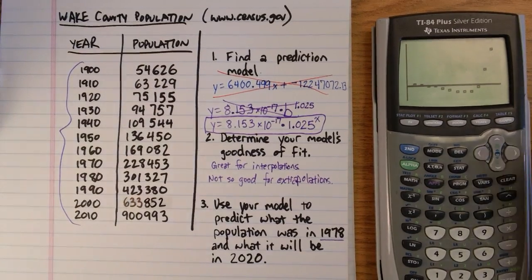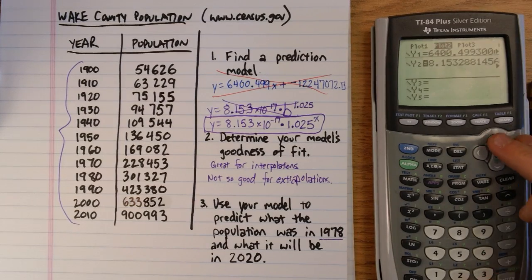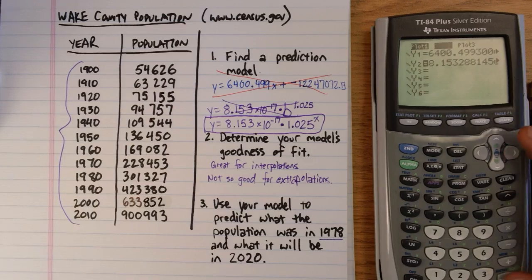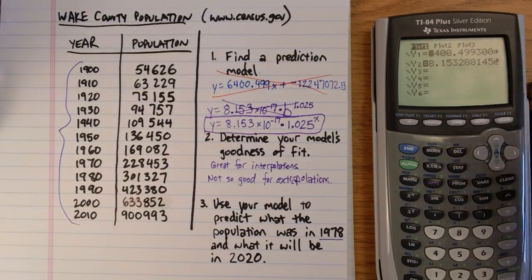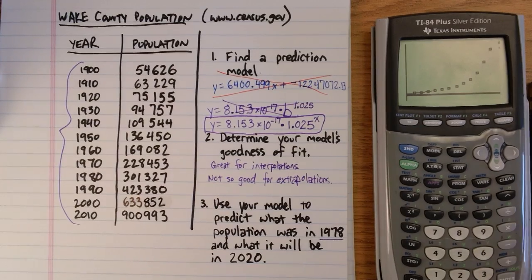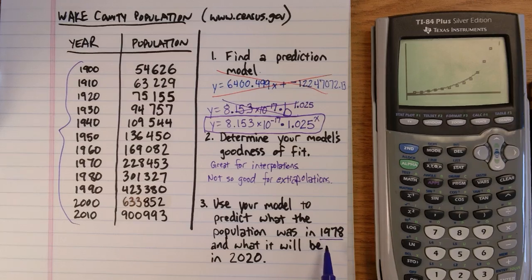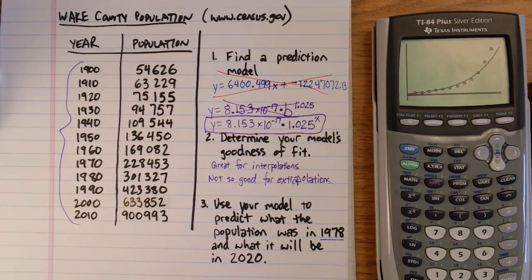All right, so finally, let's go back to our exponential model and back to our actual set of data. So turn on plot 1, turn on y2, refit your window. And let's use our model to predict what the population was in 1978.